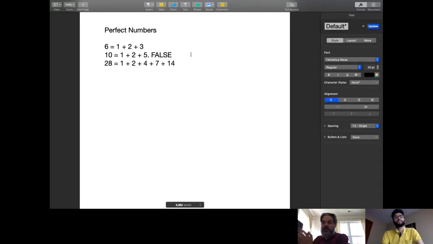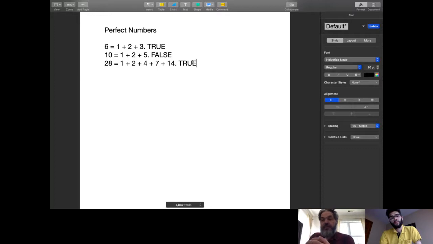And of course, 28 itself is a divisor of 28, but we ignore that. And this is true: 14 plus 7, 21, plus 4, 25, plus 2, 27, plus 1, 28. But it's not true for any other number less than 100, or less than 200, or less than 300, or less than 400.